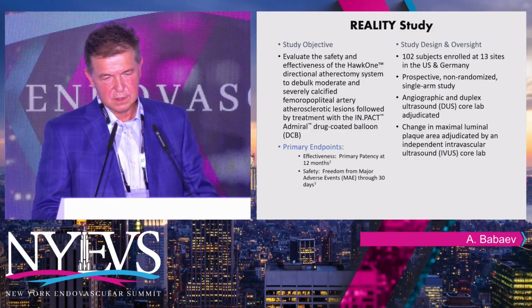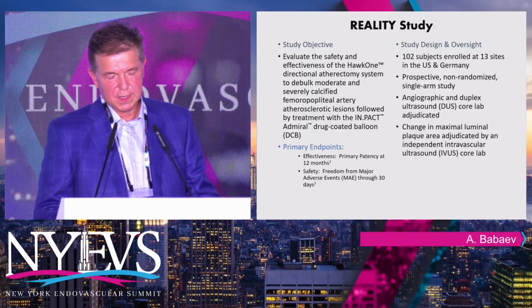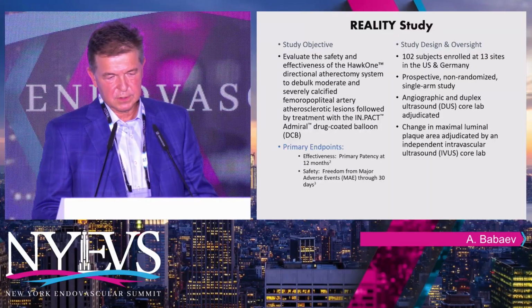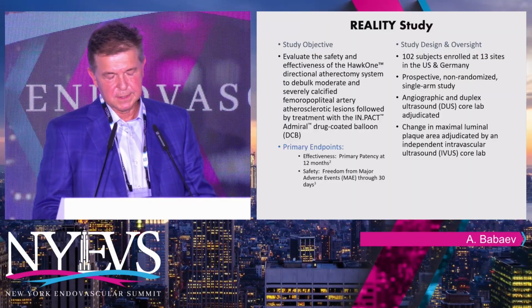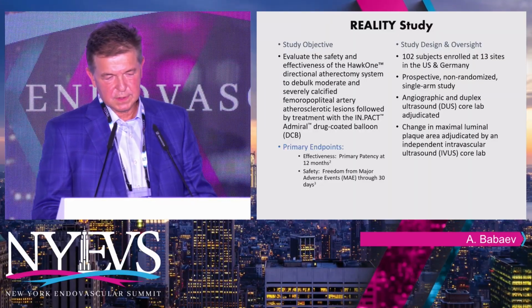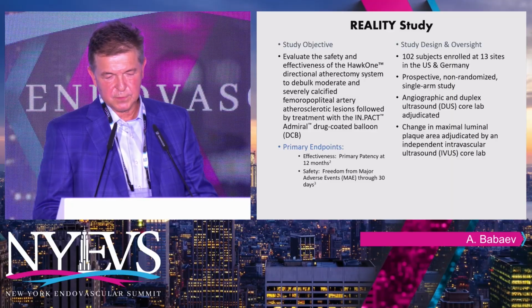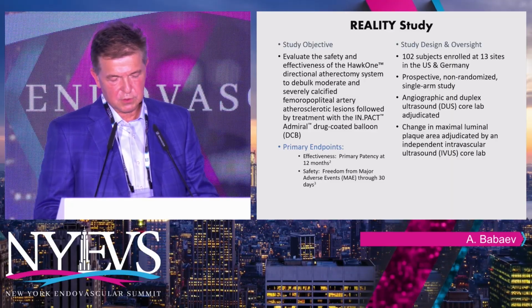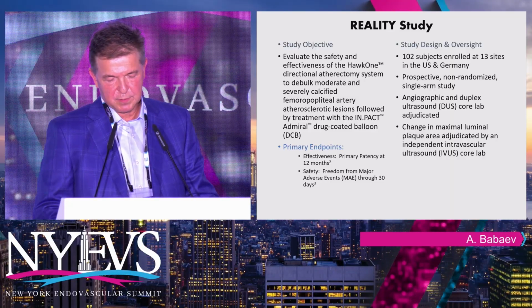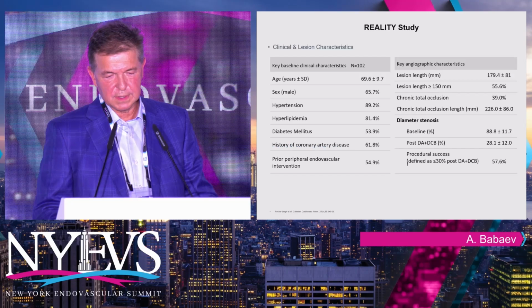Dr. Garcia already touched upon the REALITY study. It was a study of directional atherectomy with HawkOne to debulk moderate and severely calcified femoropopliteal arteries, followed by drug-coated balloon. They looked at primary patency rates at 12 months as well as freedom from major adverse events through 30 days.